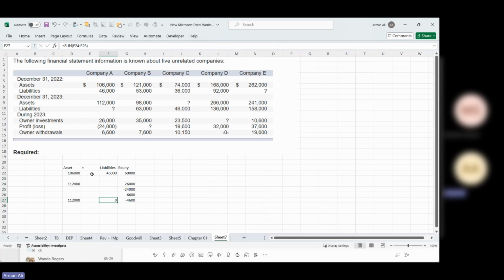So first of all, I need to know the liability, and liability is going to be 112 minus whatever the equity is, 116,000. And you can see if I were to add, this will come to 112,000. While it's negative, just think about it as an equation. So it always has to balance, 112, 112.